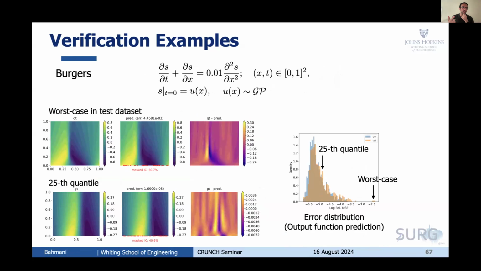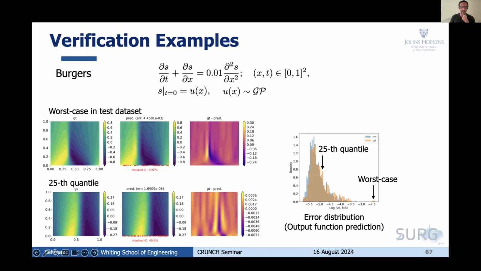And for Burgers' equation, we map from the initial condition to the space-time solution. This setup is similar to Paris Perdikaris's setup in his physics-informed DeepONet paper. Again, this is a worst case scenario.